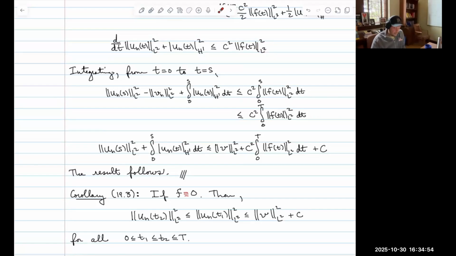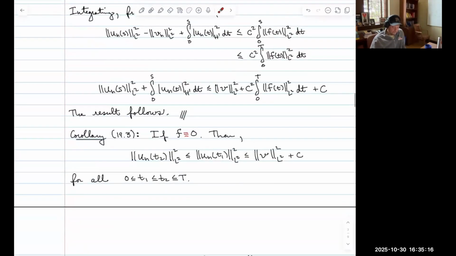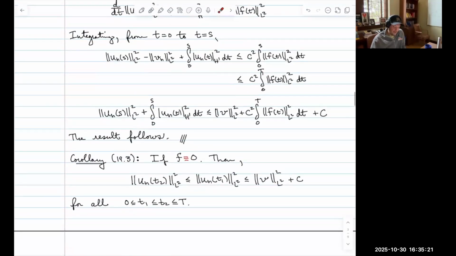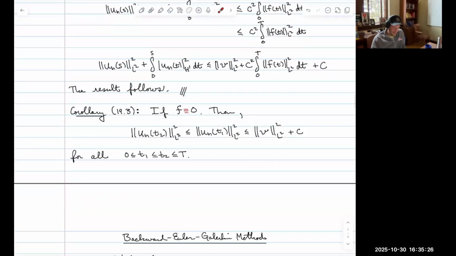I integrate, and this term is not there. This term is not there. And so I'm not going to integrate from 0 to S anymore. I'm going to integrate from T1 to T2. So this difference here is U at T2 minus U at T1. And from there, since F is completely 0, I can prove that this function is a decreasing function.